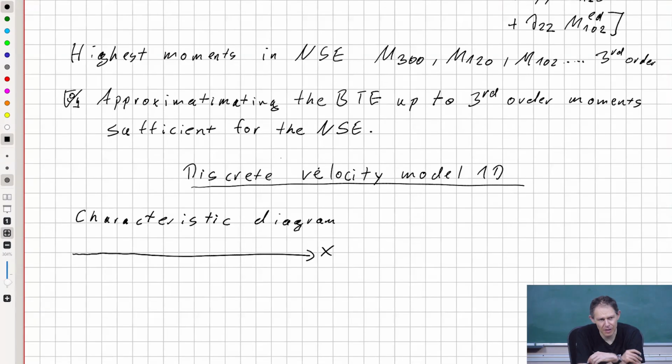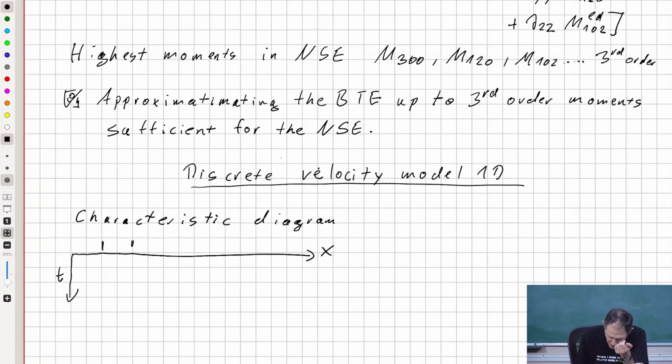We have one space dimension, and we will use the same diagram also if we use more space dimensions, but then we will only show one of them, because we try to draw on paper. We have a space dimension and we always have a time dimension. And now we discretize both.